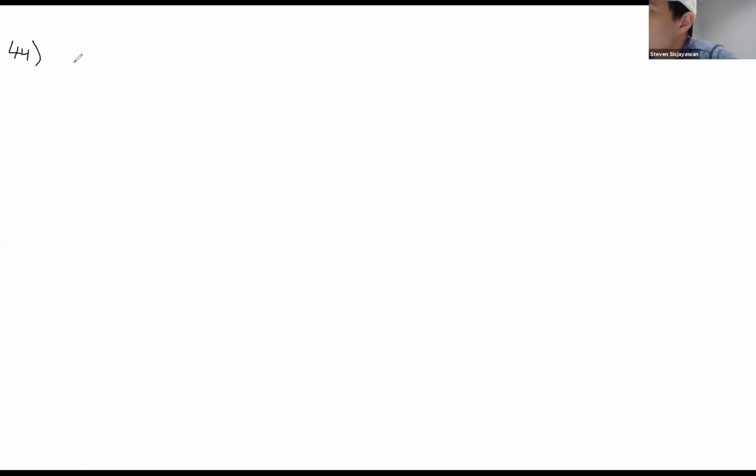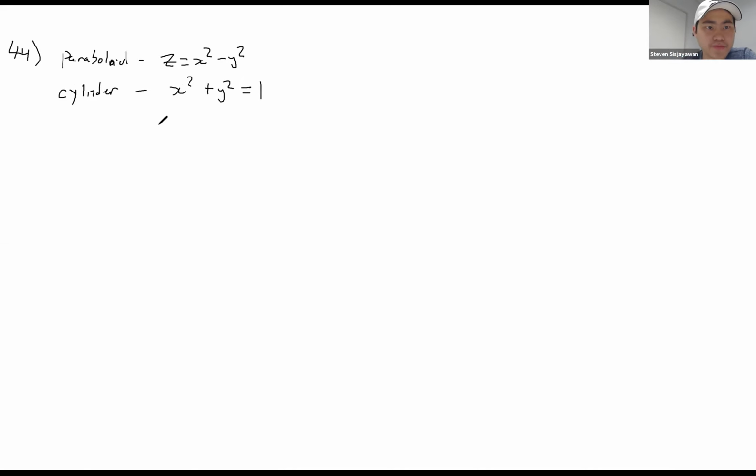So let's say for 44, we have the paraboloid z is equal to x squared minus y squared, and we have the cylinder x squared plus y squared equaling 1, right?